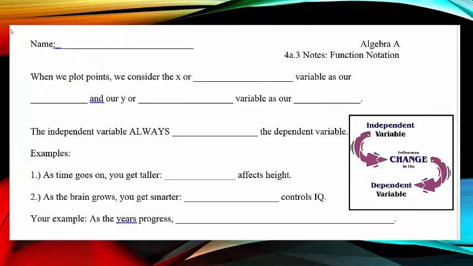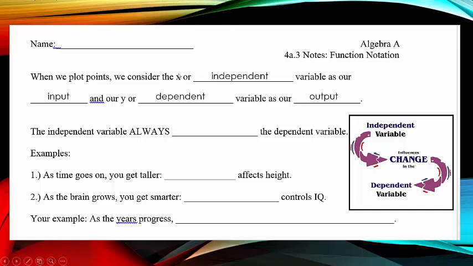Today we're going to learn about what's called function notation. So before we get too much into function notation, we want to kind of refresh here. When we plot points, we consider the x, or the independent variable, as our input and our y, or dependent variable, as our output.